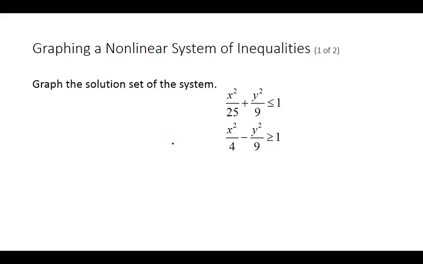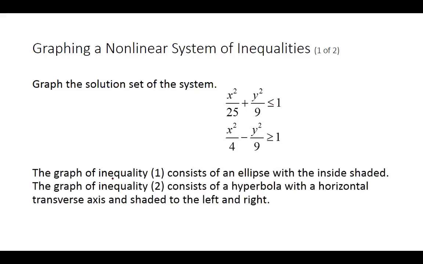This would be graphing a nonlinear system of inequalities. In this case, if I graph these, the graph of inequality number 1 would be an ellipse, and we need to shade which part of the ellipse is the solution by using a test point.